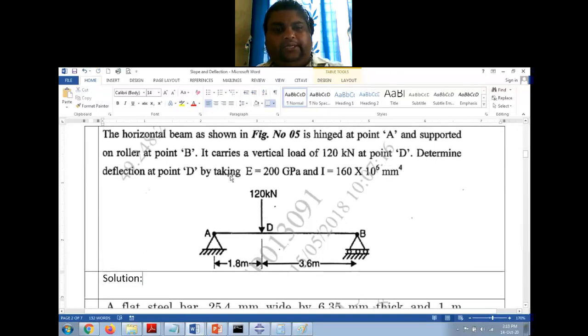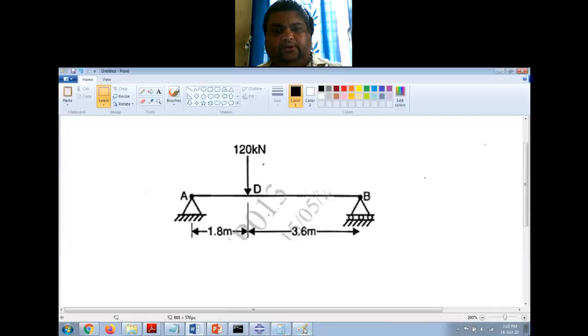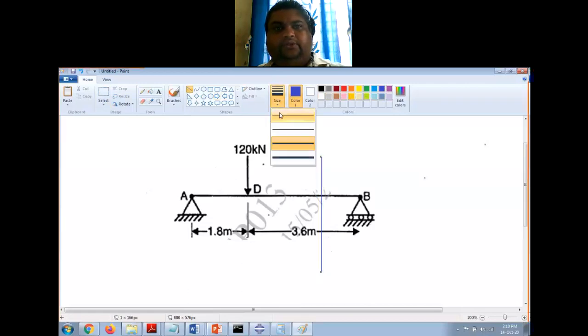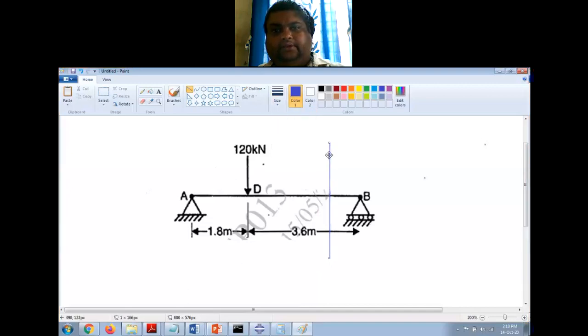Now what I'll do is I just copy this sketch here. In this, let me consider a section. I'm using Macaulay's method for solution. So I'm considering a section.